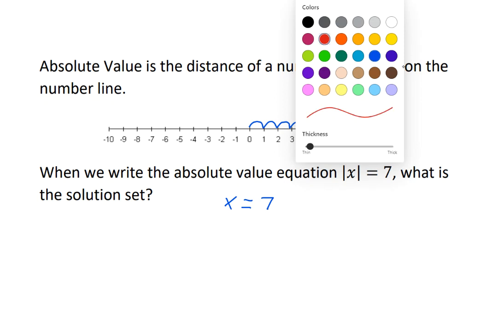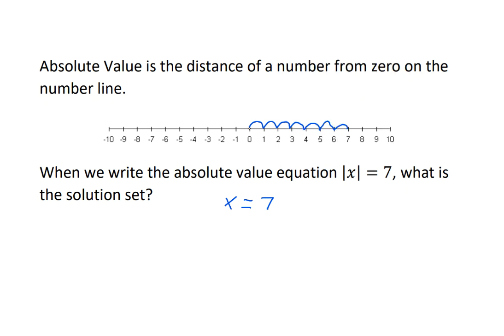But we could also go in the opposite direction and go 1, 2, 3, 4, 5, 6, 7 spaces to the left, and that means negative 7 also has a distance of 7 from 0 on the number line. Therefore, the solution set to the absolute value of x equals 7 would be 7 and negative 7, because they both have a distance of 7 from 0 on the number line.